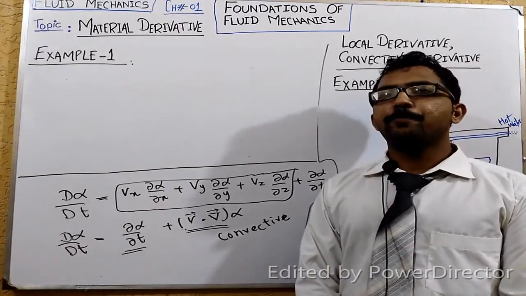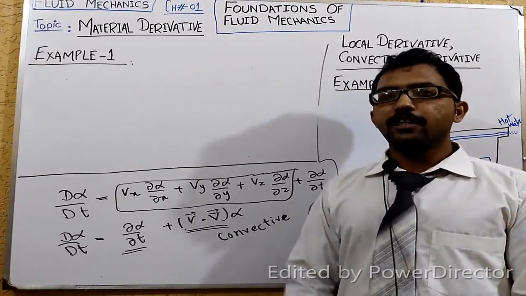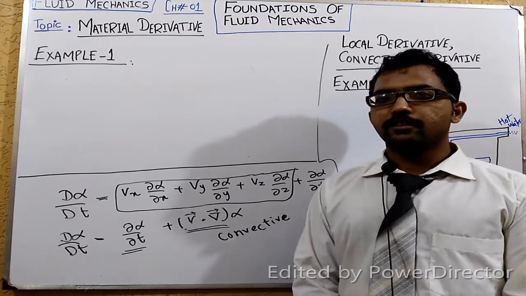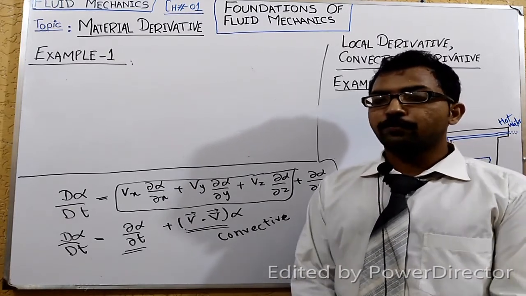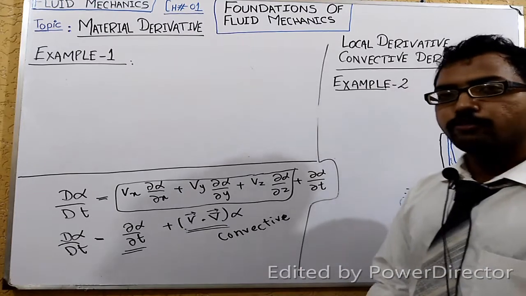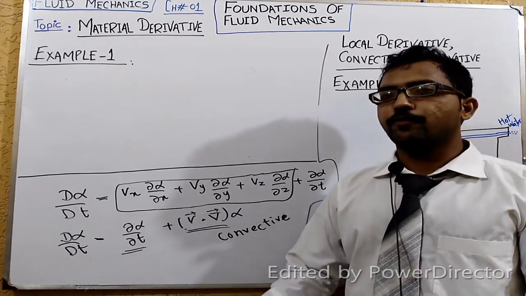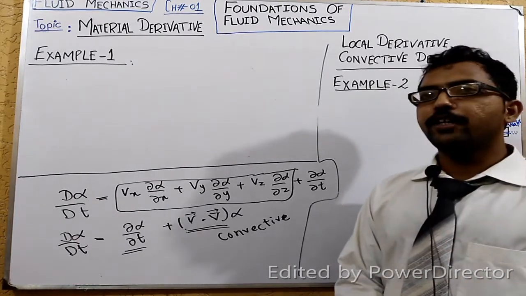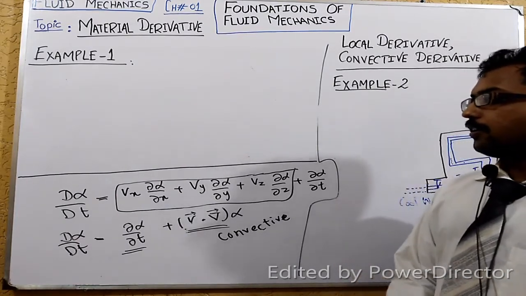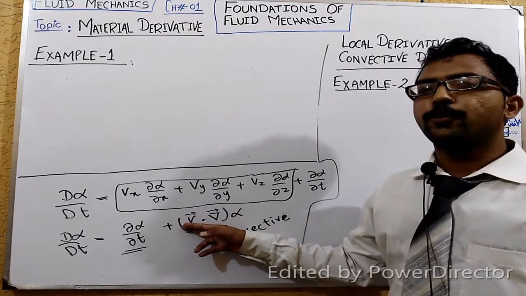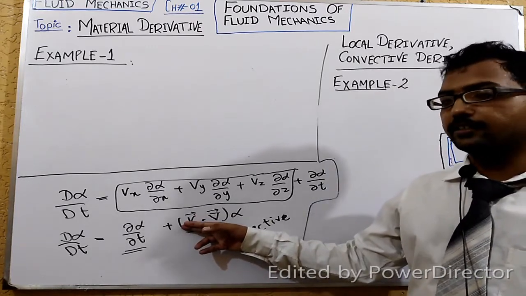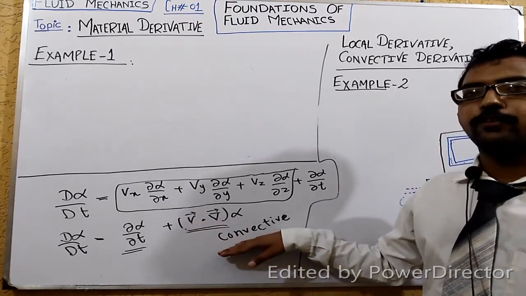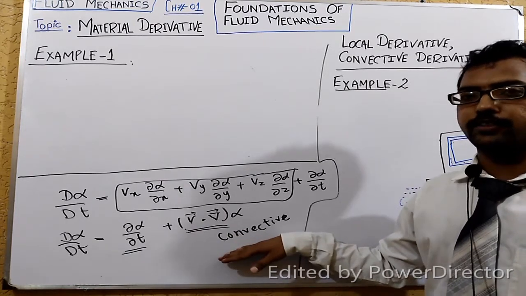In our first example, we will consider a cup of hot tea in which the tea is unstirred, that is, the tea is not moving. We have to calculate the rate of change of temperature of the tea. Note that the tea is not moving, therefore the velocity field of the flow is a null vector and hence the convective derivative of the temperature of the tea will vanish.